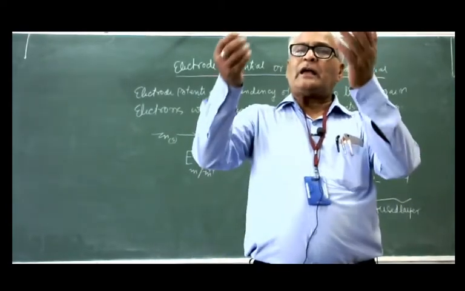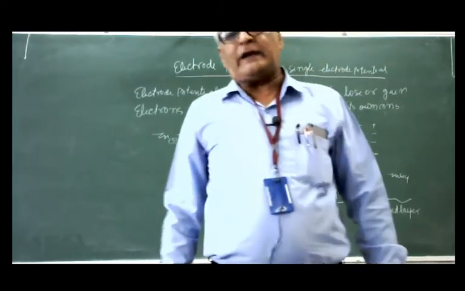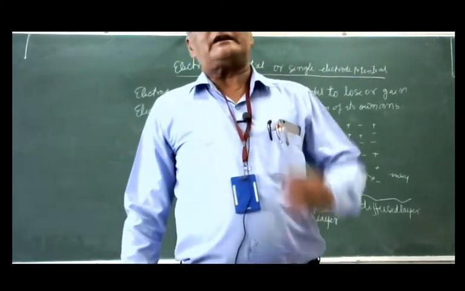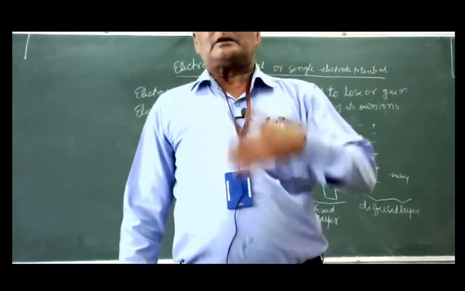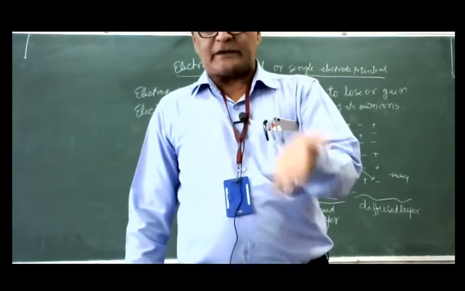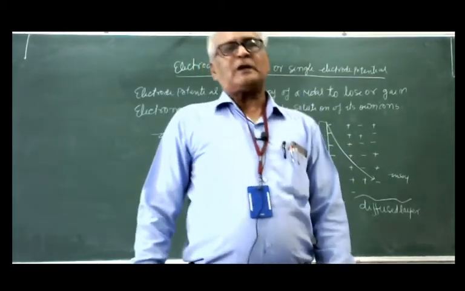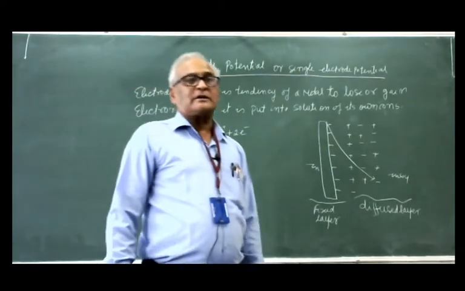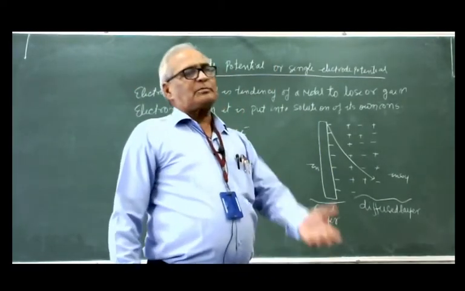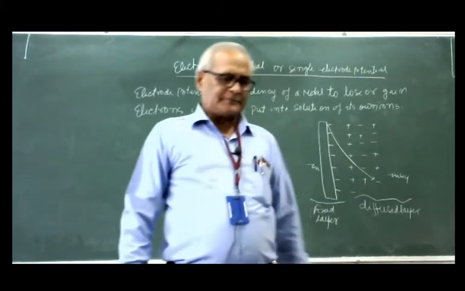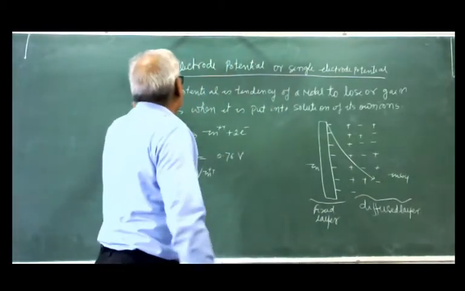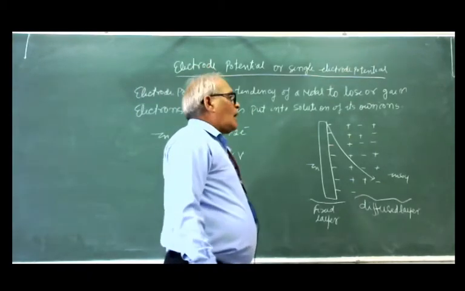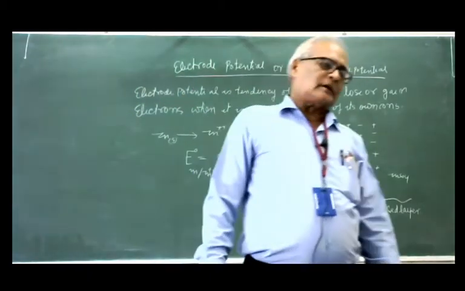If the metal has more tendency to gain electrons, it means the oxidation potential is minimum and the reduction potential is maximum. So if there is a much greater reduction tendency, it means the metal can gain electrons. In this way we can explain what is the electrode potential or single electrode potential.